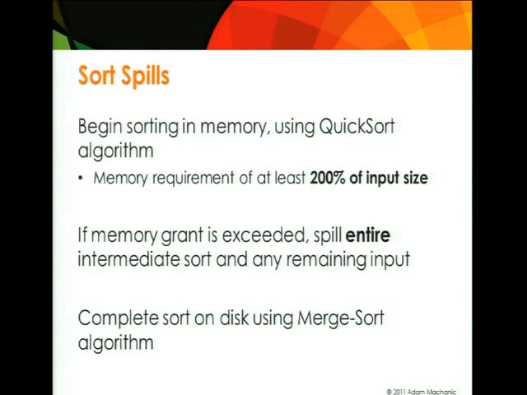Sort, on the other hand, if the memory grant is exceeded at all, the entire intermediate set will spill directly to disk, and the sort will continue on disk 100% using merge sort algorithm. So when sort spills to disk, that's a bit more of an issue than when your hash spills to disk. This is why it's important to understand the behaviors between these things.